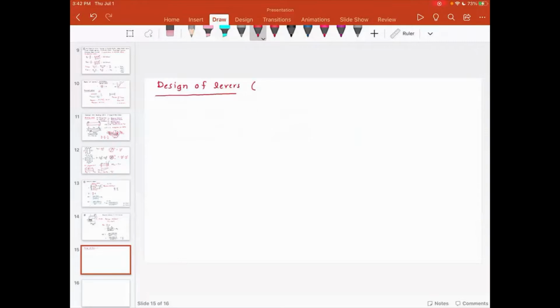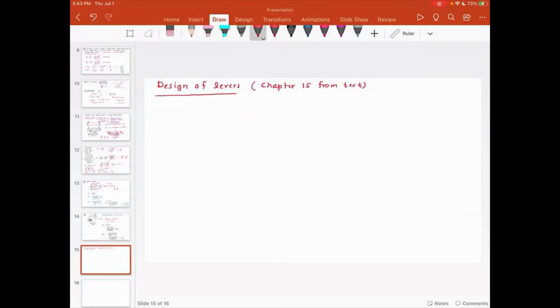This is chapter 15 from your textbook. So lever design is nothing but a straightforward extension of the bending stresses.